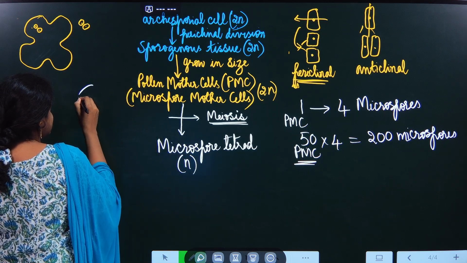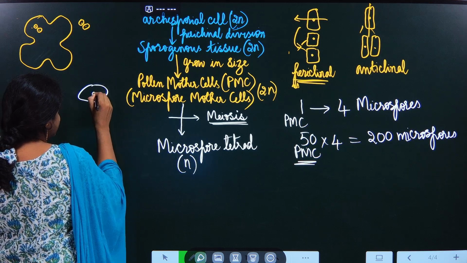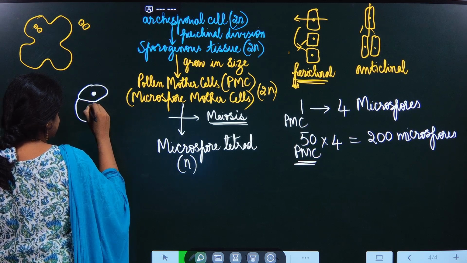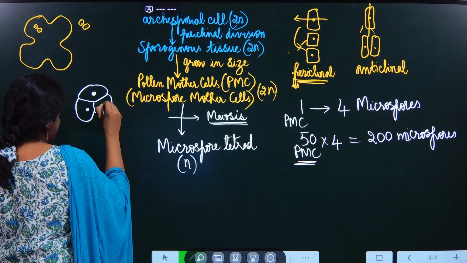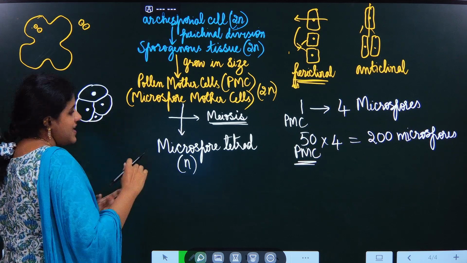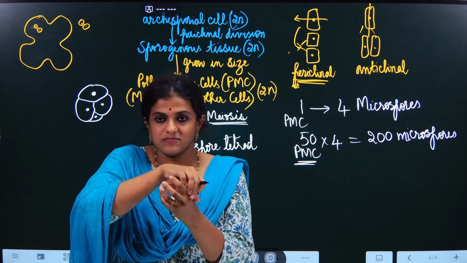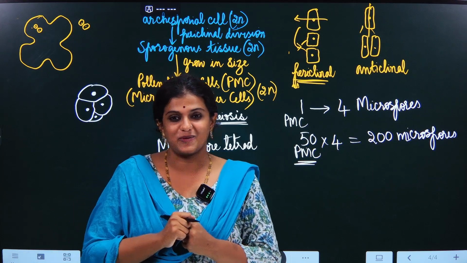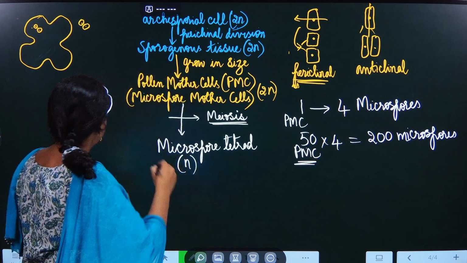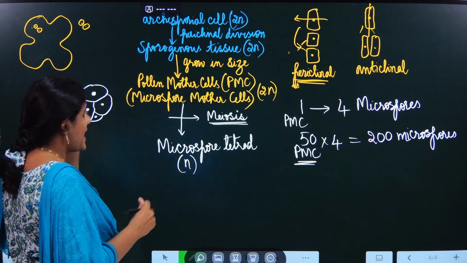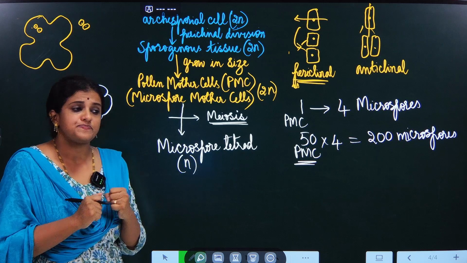As I said, they are produced in a cluster like this. Or you can imagine a ball formed of 4 microspores, all attached together.